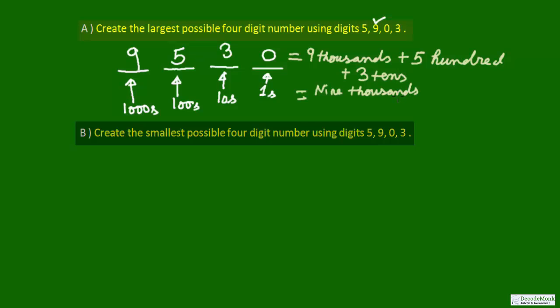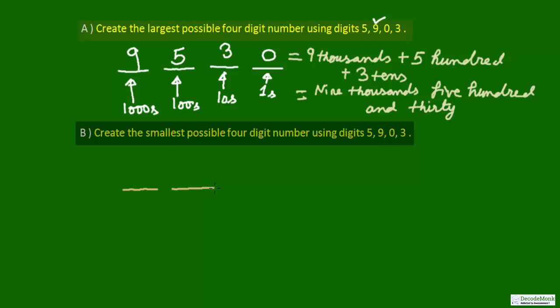You may also be given to write certain numbers in expanded form or in words, so you should be knowing all these things also, and therefore I am discussing these over here. So this can be written as 9530.